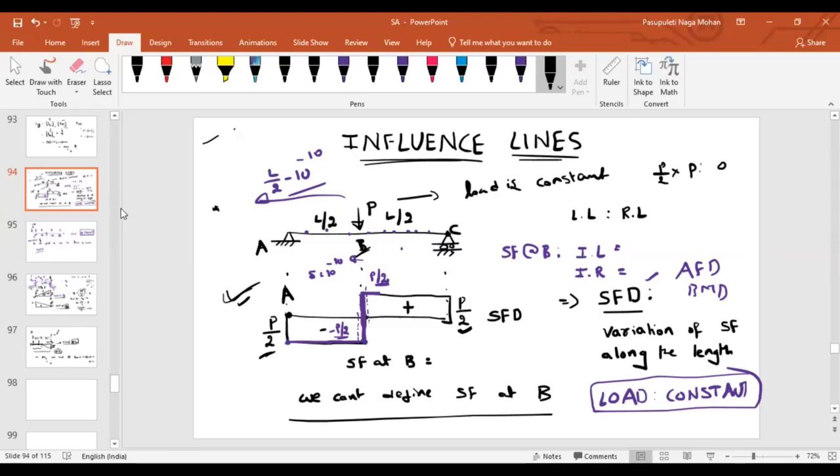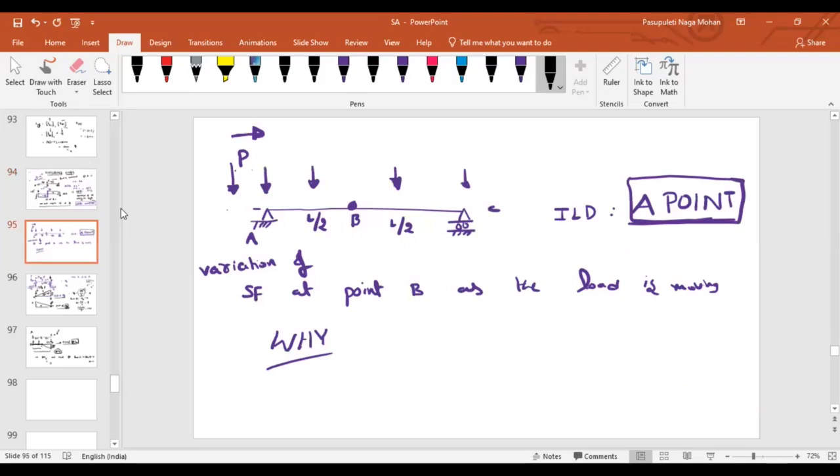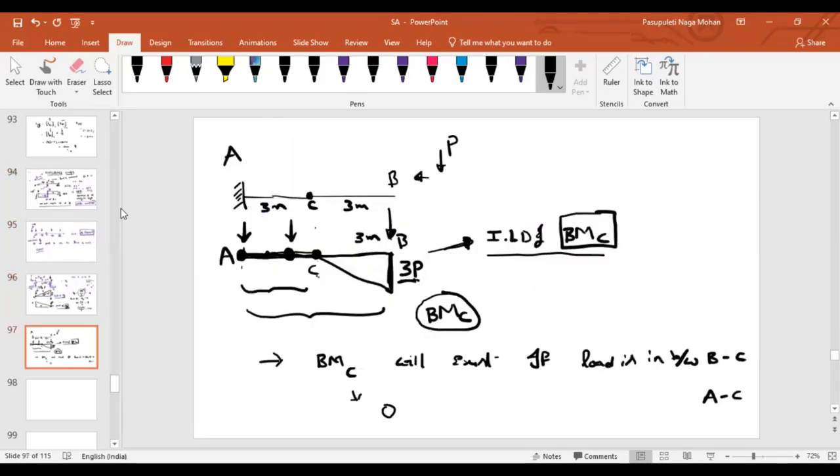Sir, this diagram of bending moment looks like the deflected shape. Wait a second, here we are not talking about anything about deflected shape. Sir, the bending moment at point C looks like a deflected shape of the member CB.